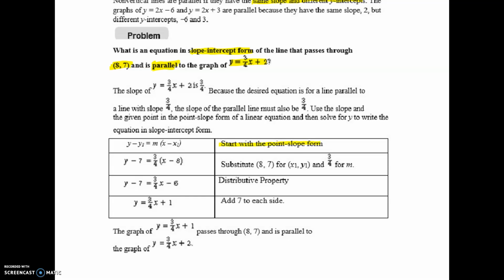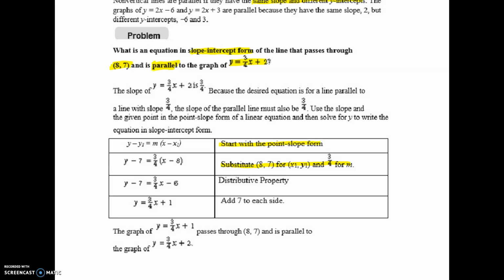So I'm going to take 3/4 and plug that in for my slope, and then I'm going to go up here and say, okay, it has to go through (8, 7). So we're going to plug in 7 for the y1 value and the 8 for the x1 value. So that's what they're asking us to do here. We're substituting in the point and we're substituting in slope.